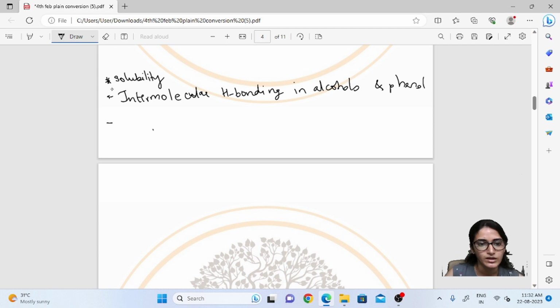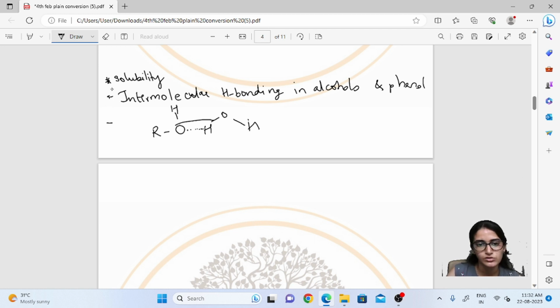Now, if I have this alcohol, ROH, and a water molecule, HOH, then the oxygen from the alcohol is going to form a bond with the hydrogen from water.